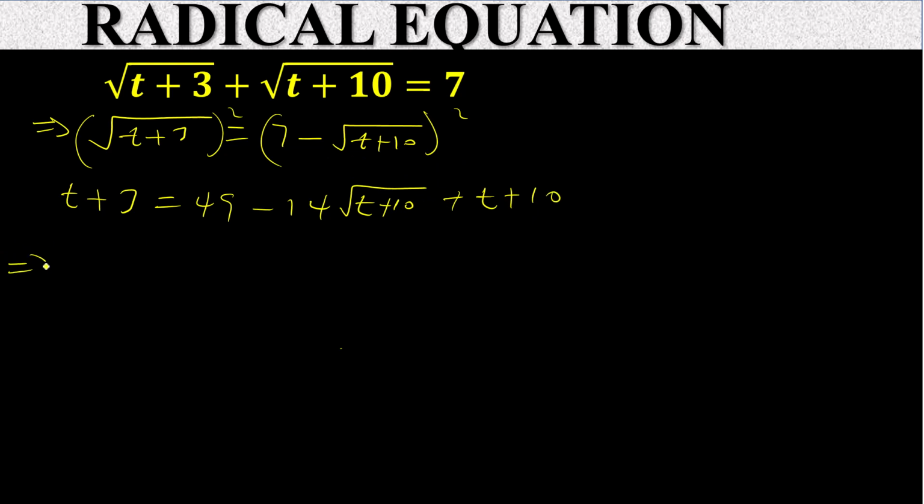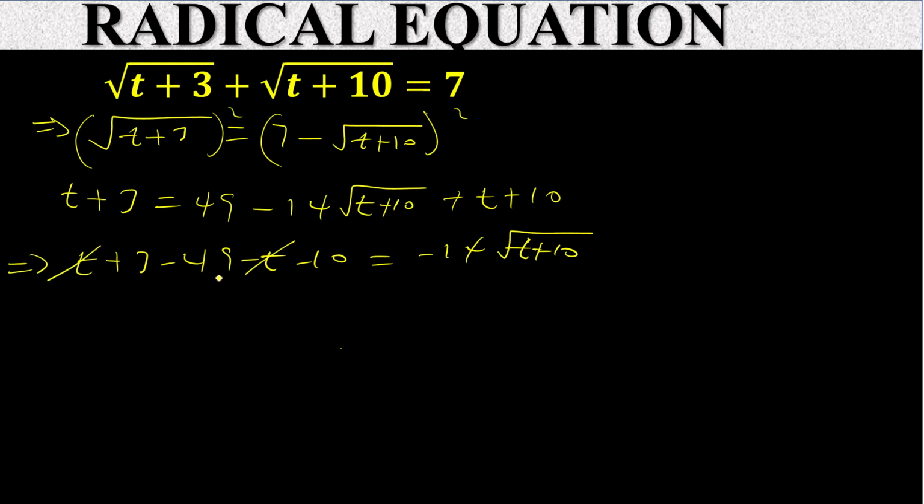All right. So we have t plus 3 minus 49 minus t minus 10 equals minus 14 root t plus 10. So I have to group like terms. We have t plus 10 here, so this one will cancel this.